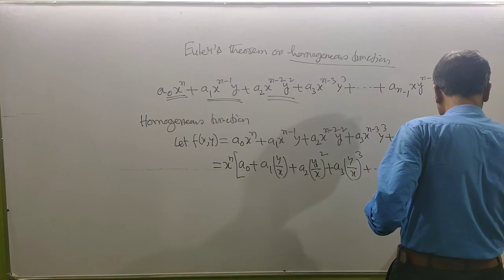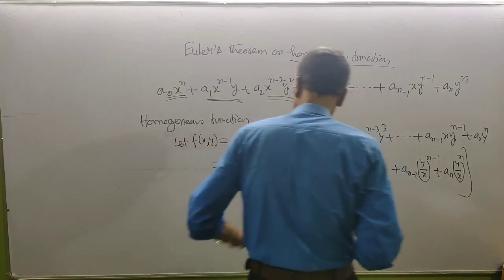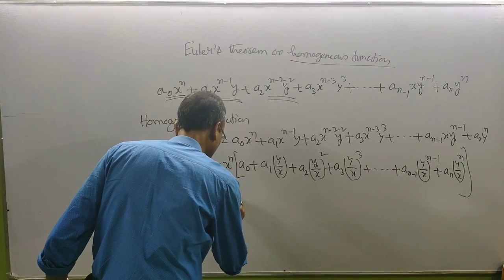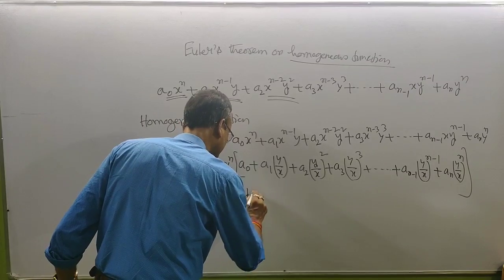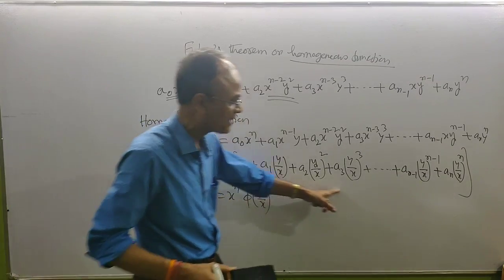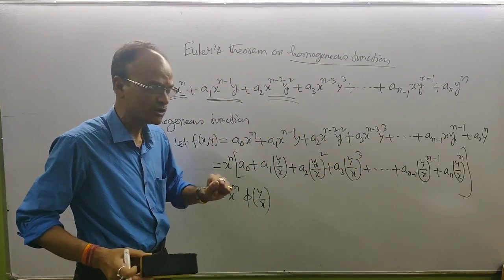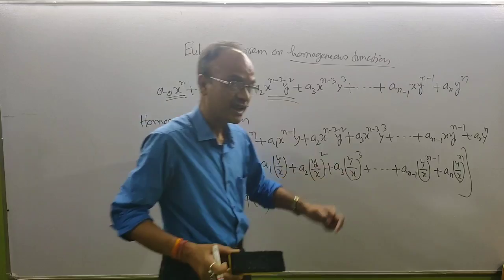Plus a n y by x whole to the power n. Or simply you may write x to the power n times a function of y by x, because it can be written as y by x whole to the power 0, y by x whole to the power 1, and so on.